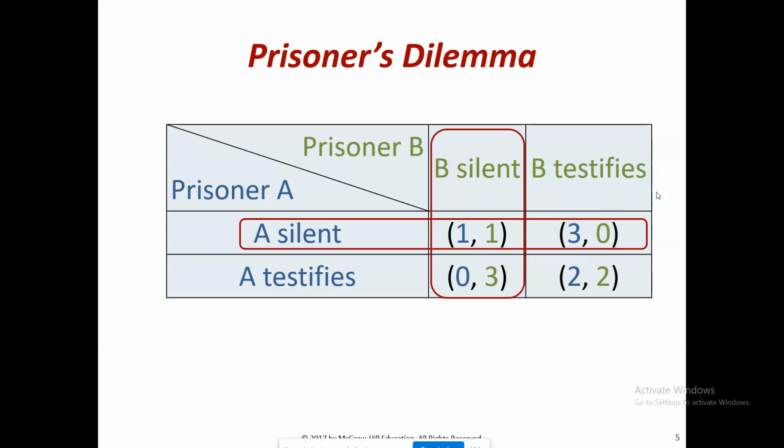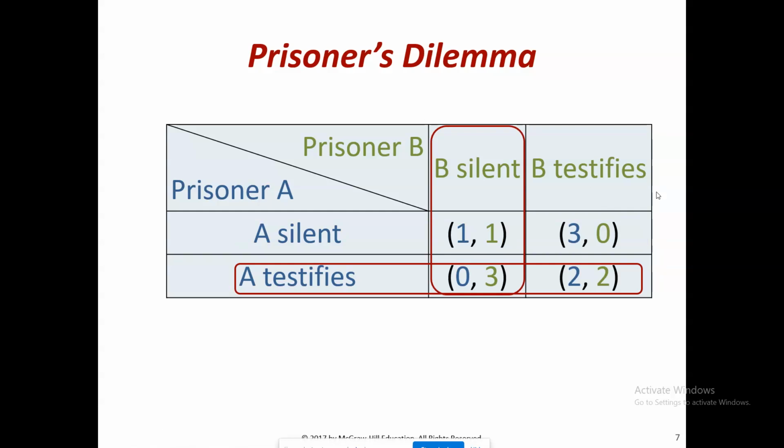If A and B both remain silent, they will each serve 1 year in prison. If A testifies against B but B remains silent, then A will be set free with 0 years in prison, while B serves 3 years in prison.